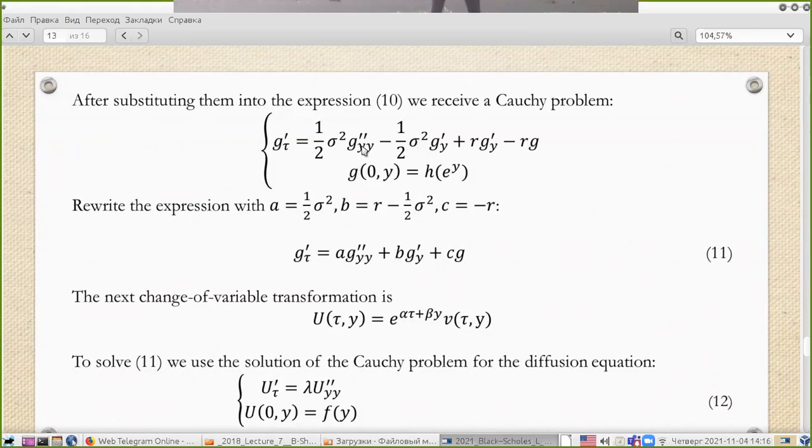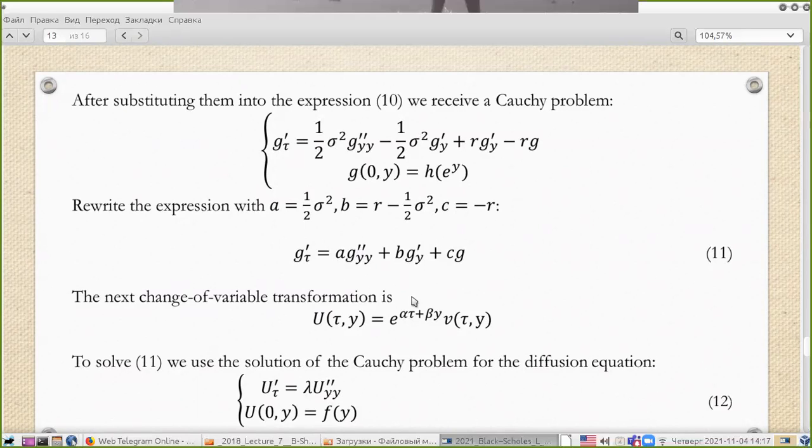Because we would like to have only the second derivative, the first derivative with respect to y, and before them only coefficients. So all these coefficients we denote with one letter. So you see that this form is more convenient than this.